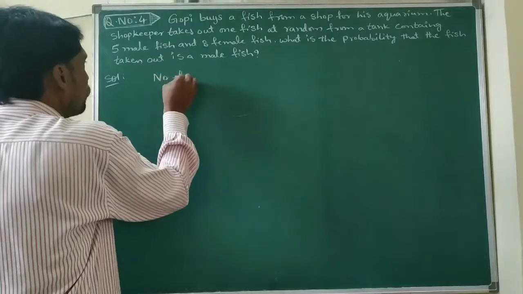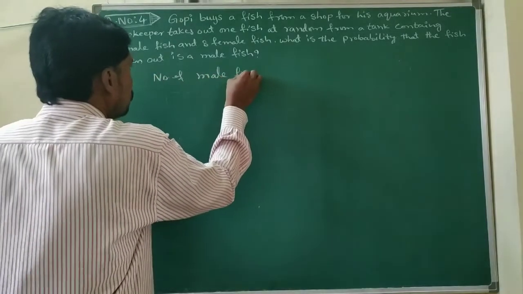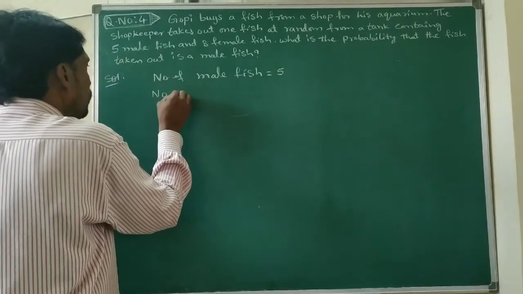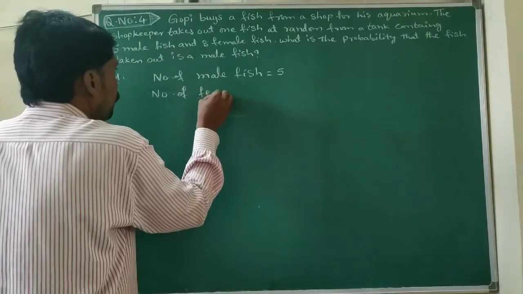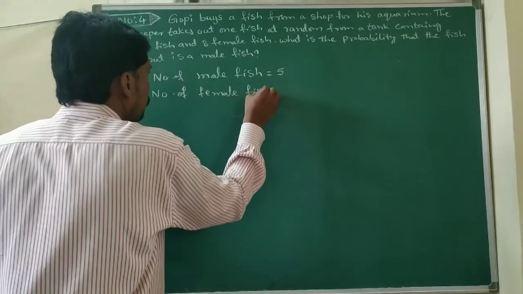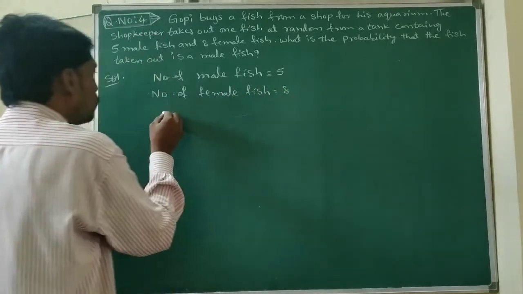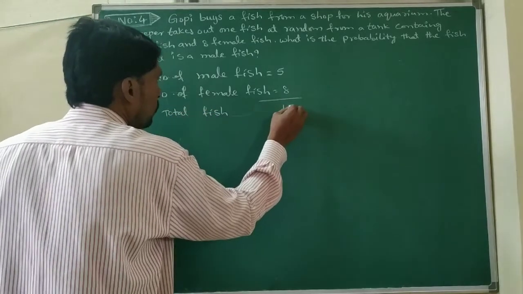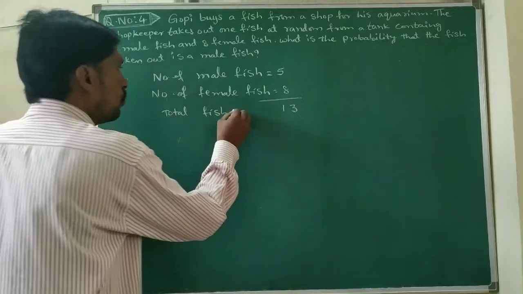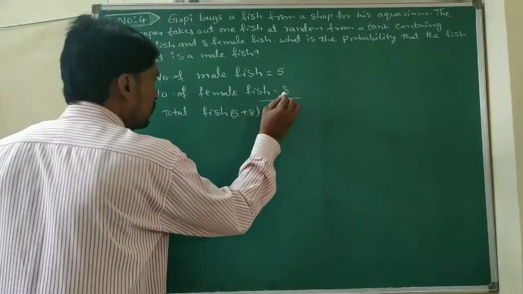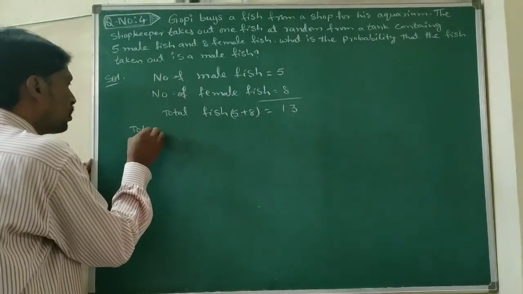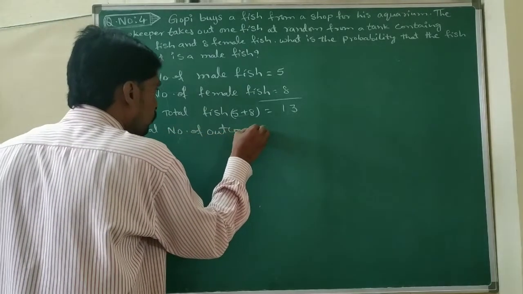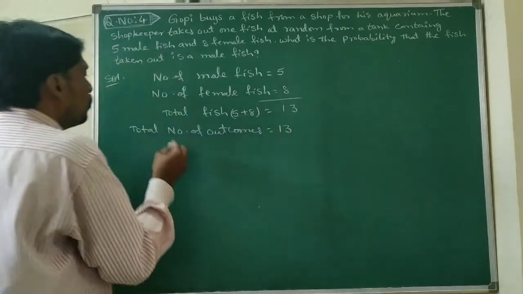Number of male fish equal, number of male fish are 5. Number of female fish equal, that is 8. Total fish equal, total means we need to add, that is 13. So 5 plus 8 equals 13. So total number of outcomes equal 13.